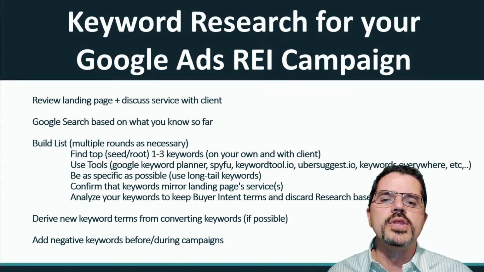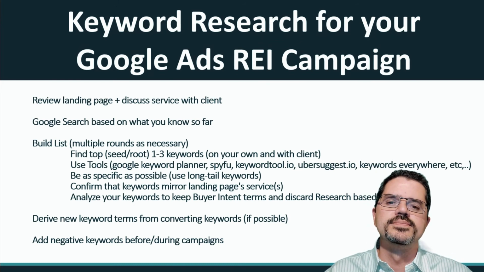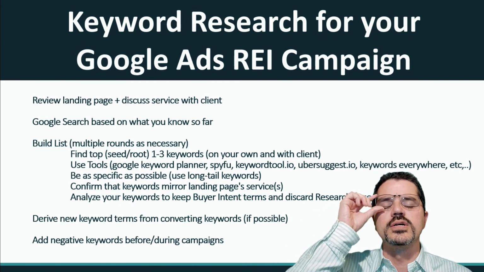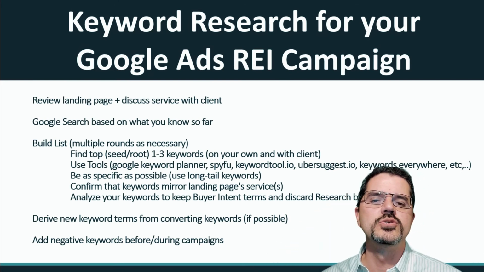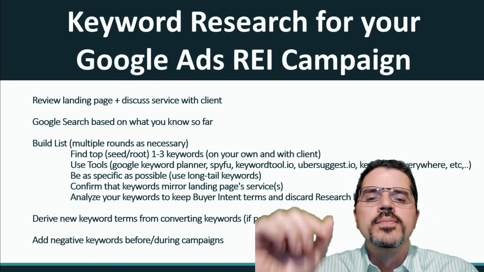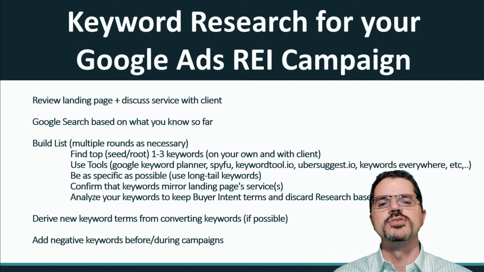But just know that negative keywords, which we'll go over as well, are keywords that you want to specify to weed certain keywords out of your campaigns and eliminate people from seeing your ads. So use these negative keywords as you have irrelevant terms coming in.